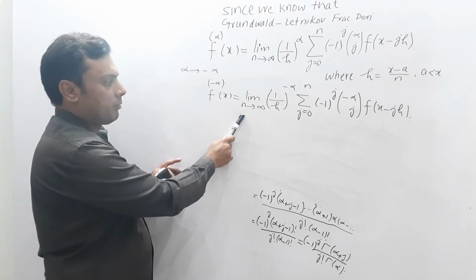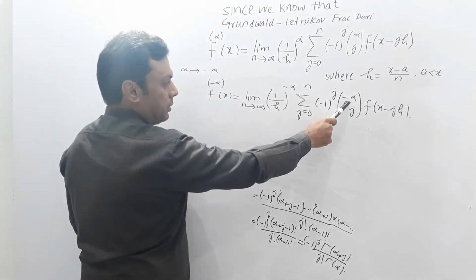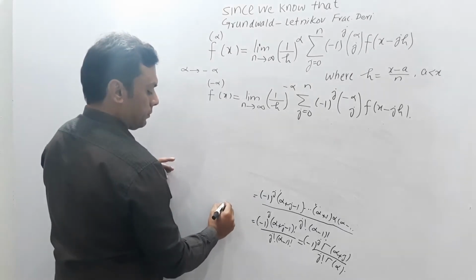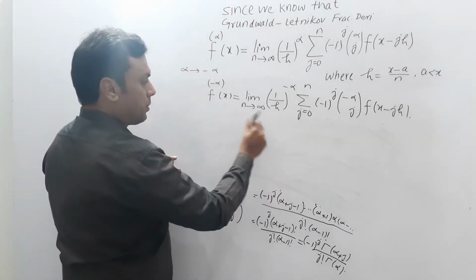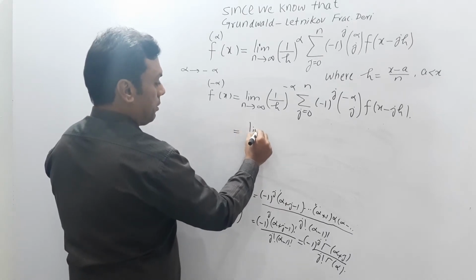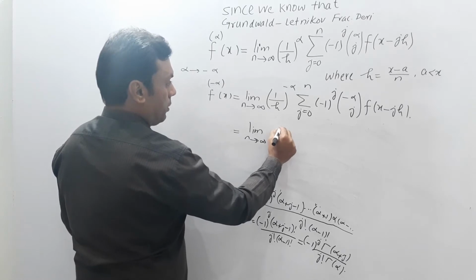And now plugging in the value of negative alpha C j, this becomes the limit n tends to infinity of h to the power alpha.